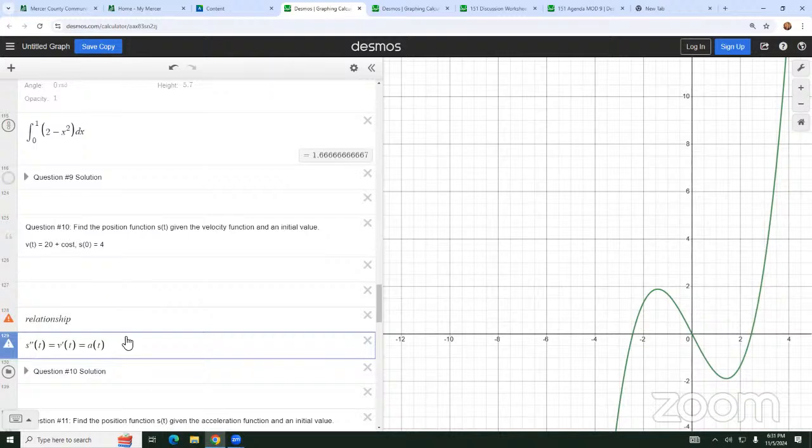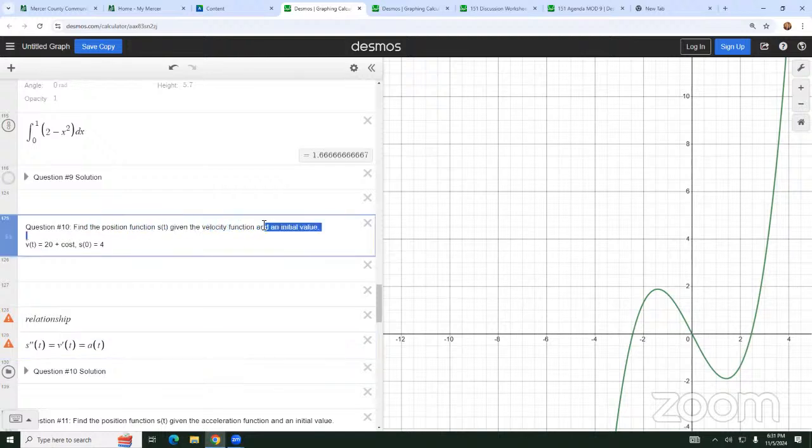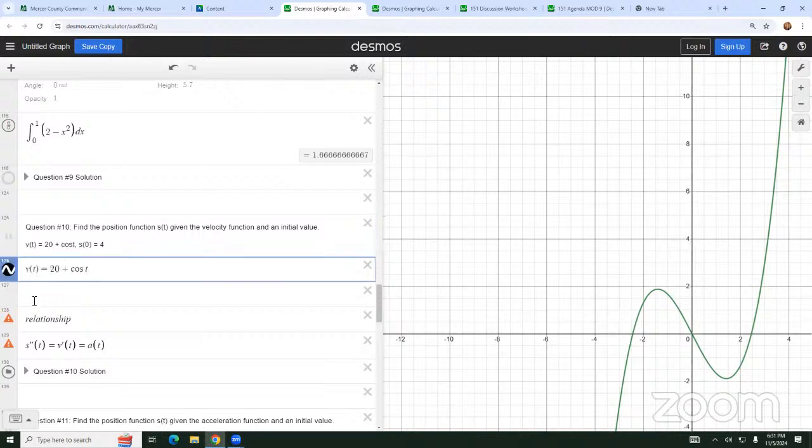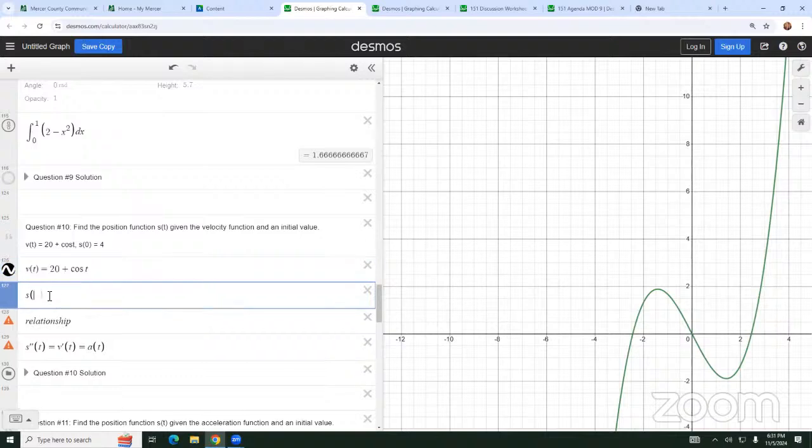Okay? So in questions 10 and 11, they say, find the position function given the velocity function and an initial value. So they're telling you the velocity function is this. Copy, paste. They're telling you it's the velocity. To find the position, you have to take the antiderivative of velocity.